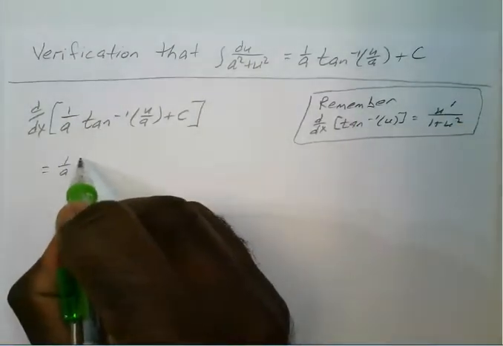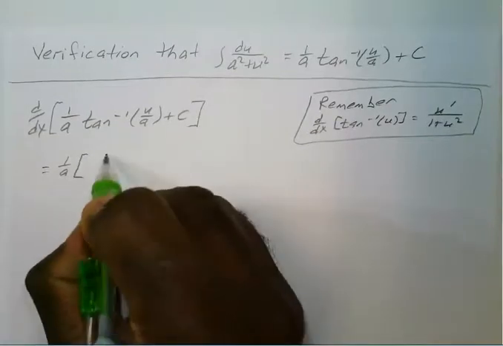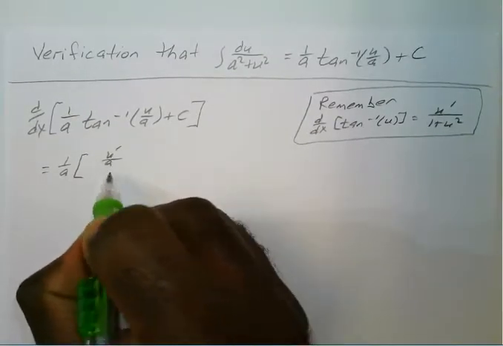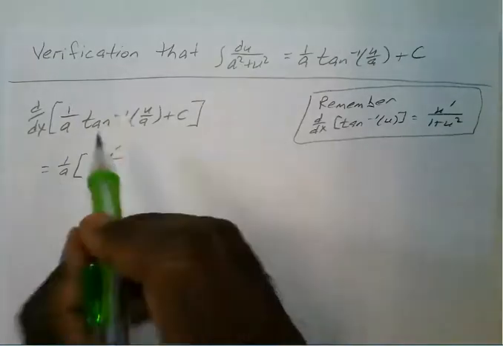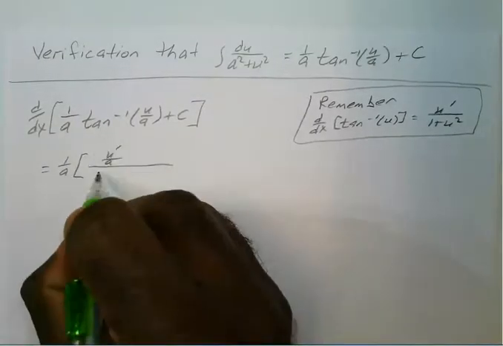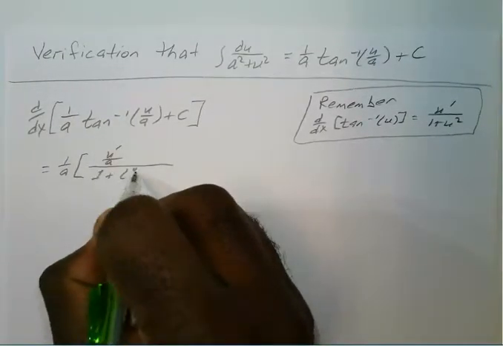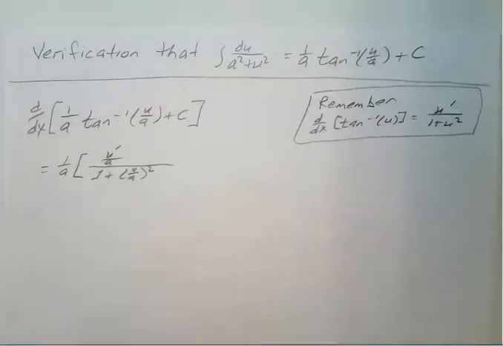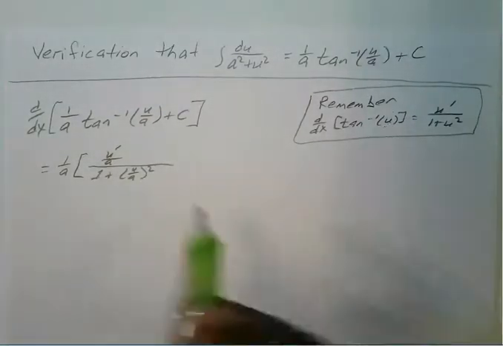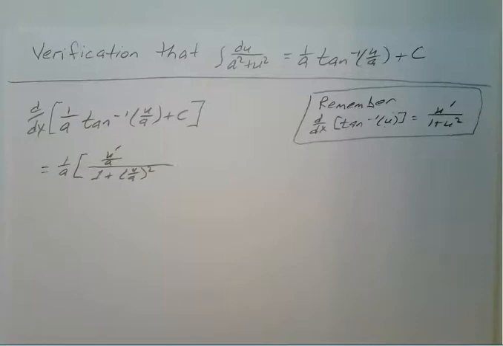Okay, so this is going to equal u prime over a, we have our u over a, divided by 1 plus u over a squared. Since our u is just u over a, it would be u over a squared.